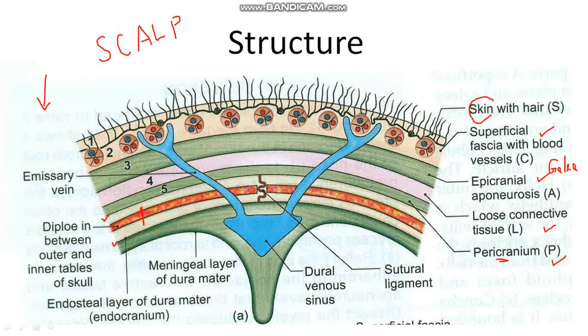In between the outer and inner table of the skull is the diploe.